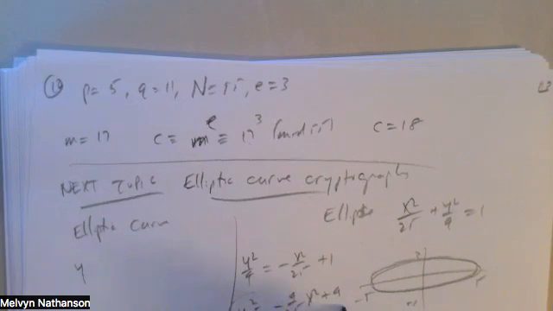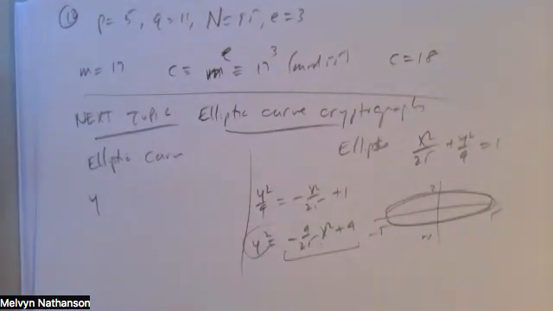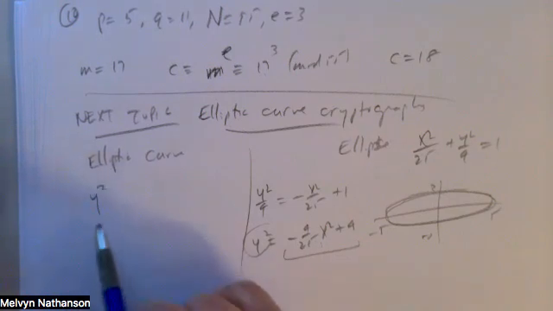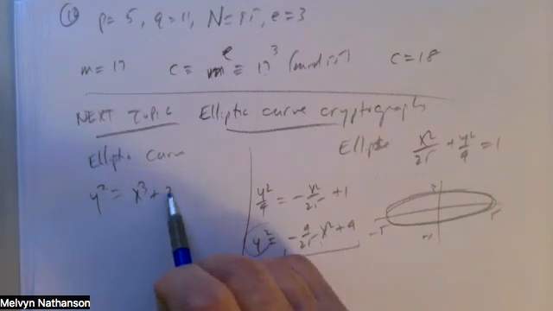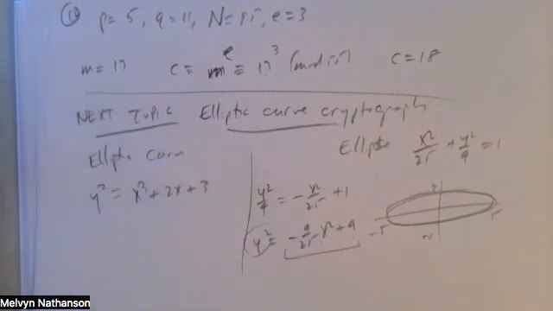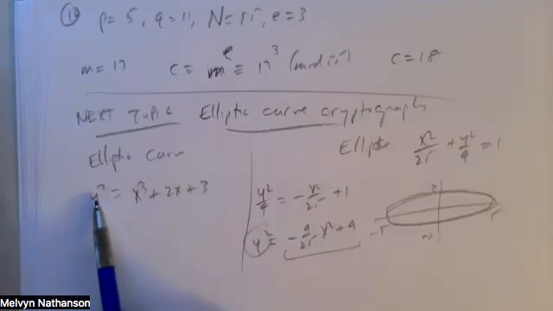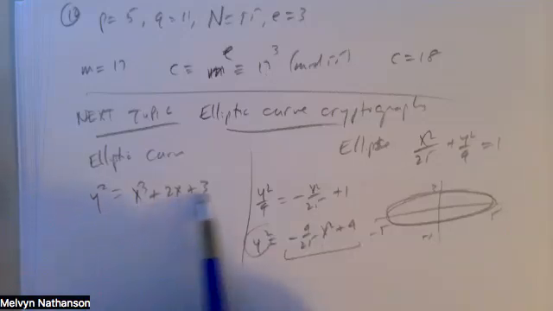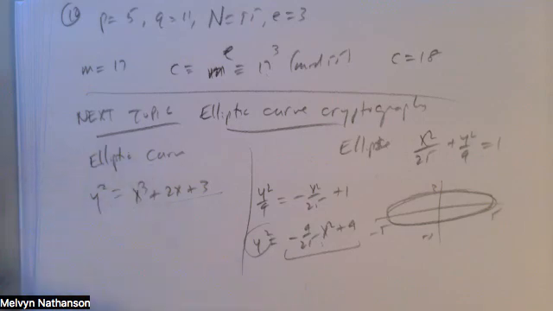So y squared is equal to some quadratic equation in x. In an elliptic curve, you have an equation where y squared is a cubic in x, say x cubed plus 2x plus 3. And an equation with y squared on one side and a cubic on the other, the graph of this is something that's called an elliptic curve.